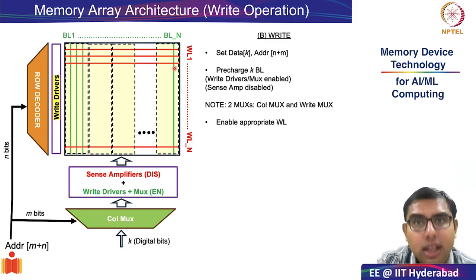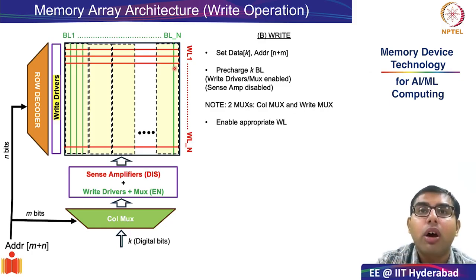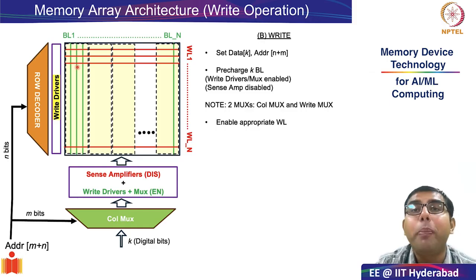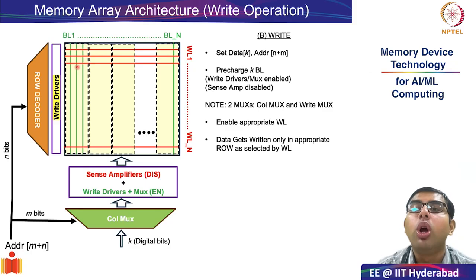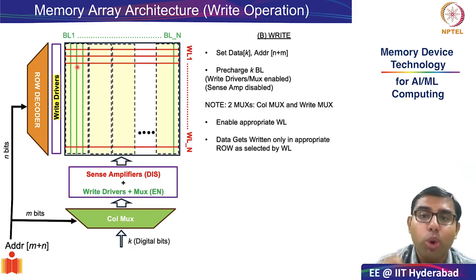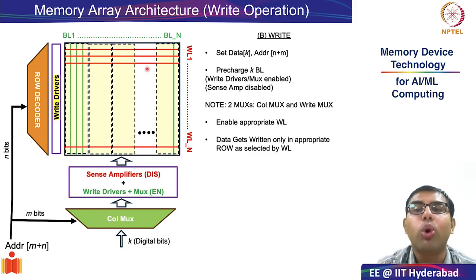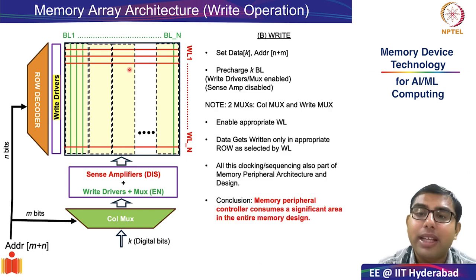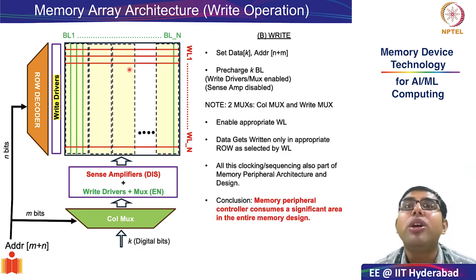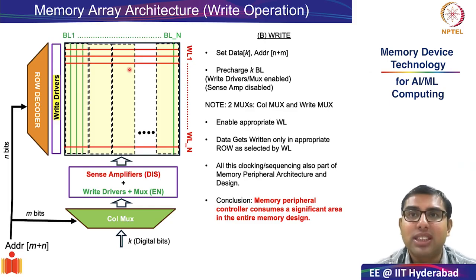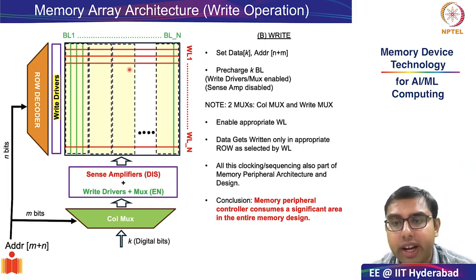And through a process, the voltage or the information is transferred from the appropriate bit line into the storage node. And this is how write is done. It is important to note that the data gets written only in the appropriate row which is selected by the word line. So through this really complicated sequence of events, both read and write are facilitated.